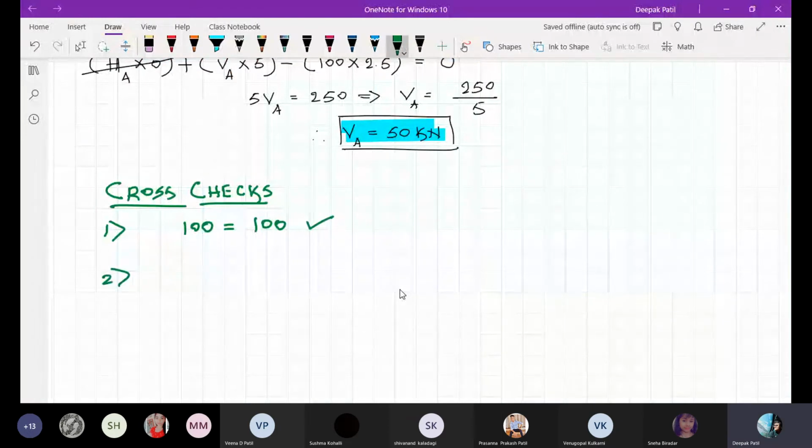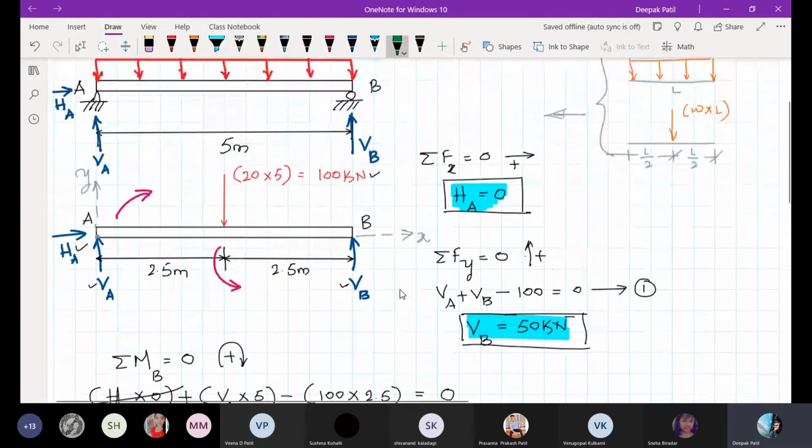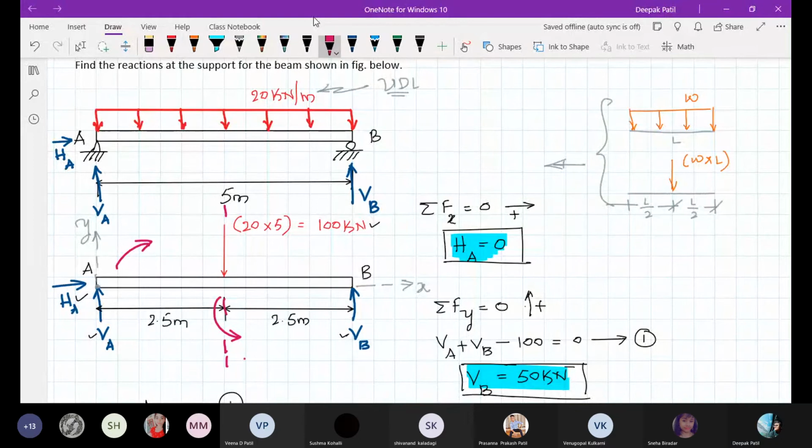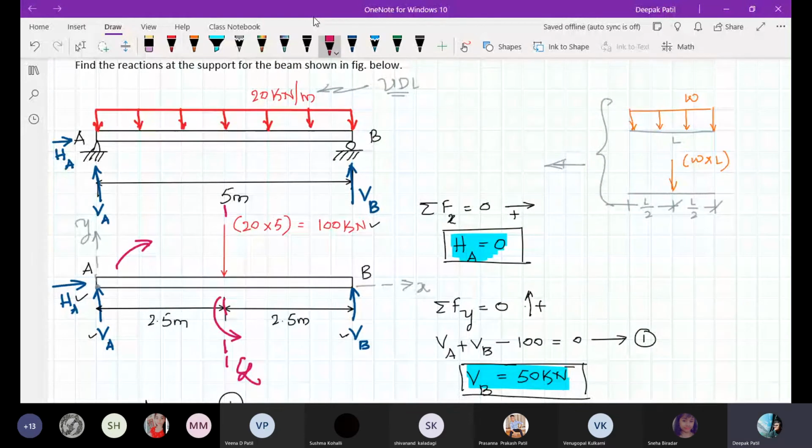And what is the second cross check? You have to draw the center line for the beam. So it is somewhere here. This is the center line of the beam, right? And if you see the load, this 100 kilonewton falls exactly at the center line of the beam.